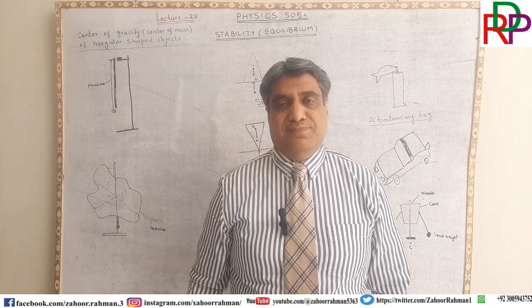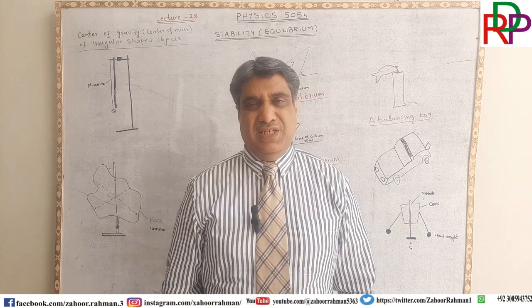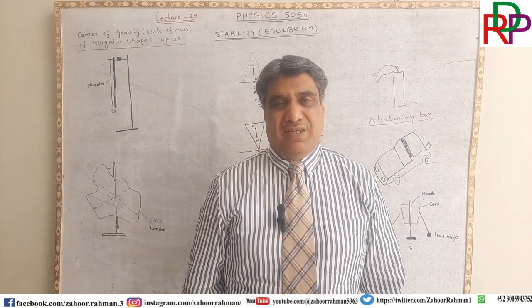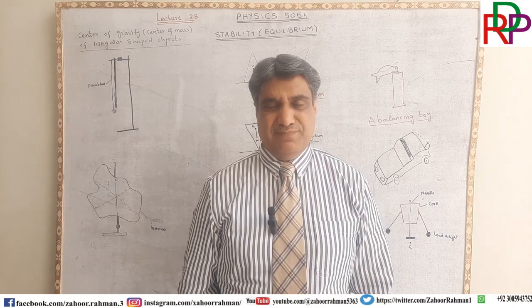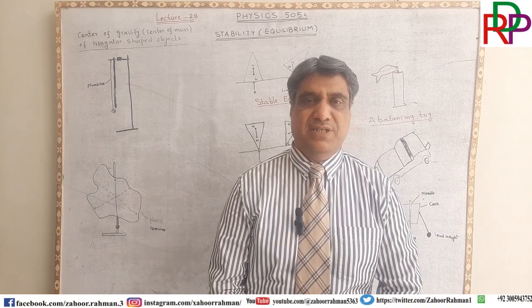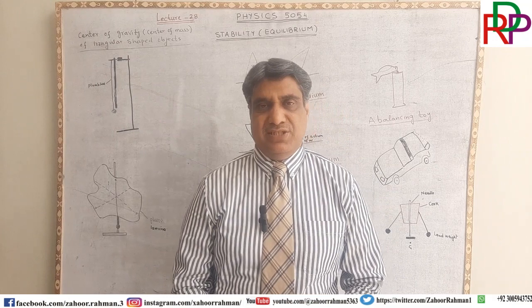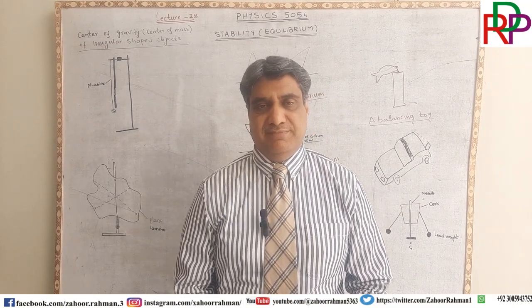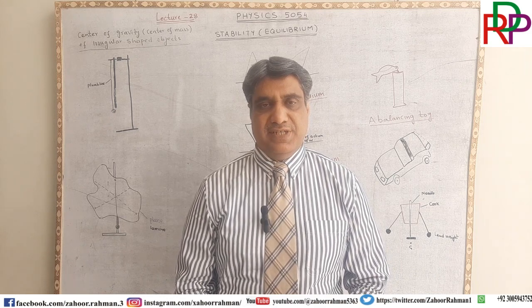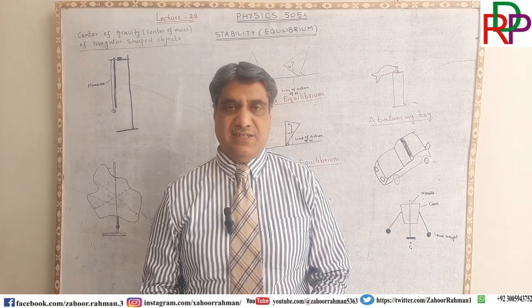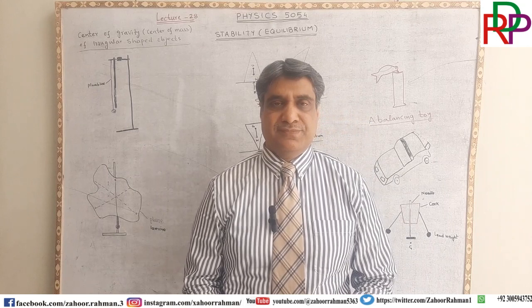This is the series of videos in which we are talking about physics 5054, and this is lecture number 28. Ladies and gentlemen, in the last lecture, we studied how we will find the center of gravity or center of mass of regularly shaped objects.